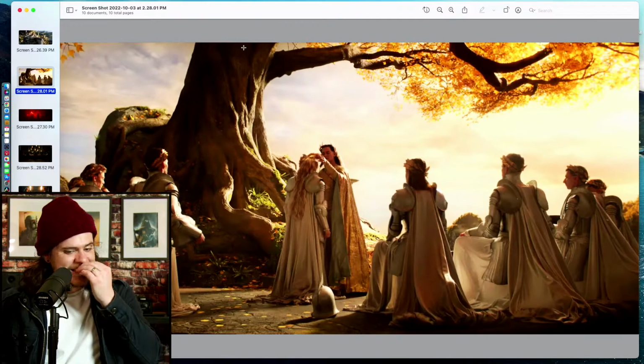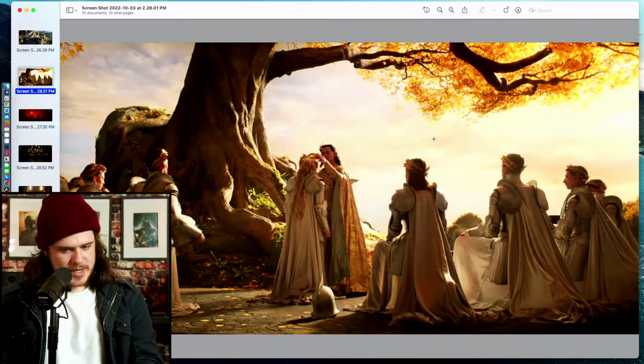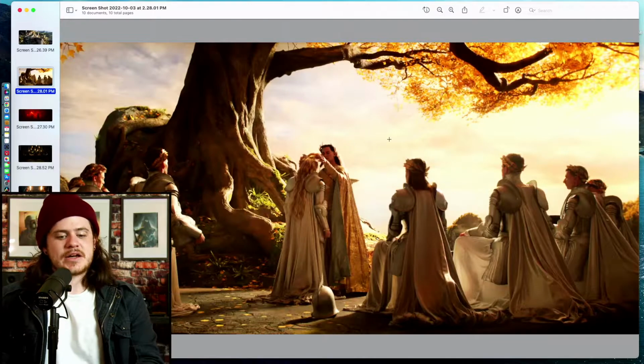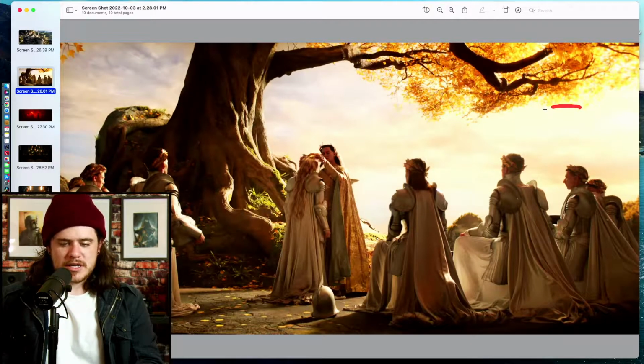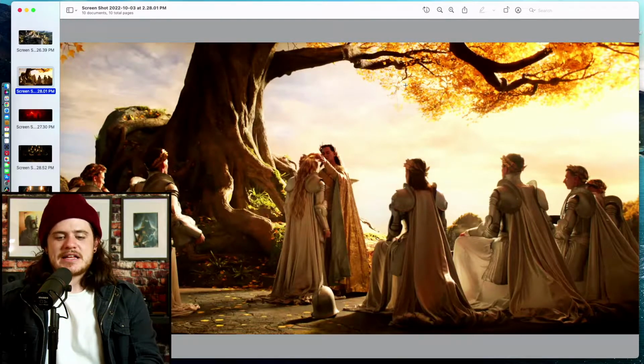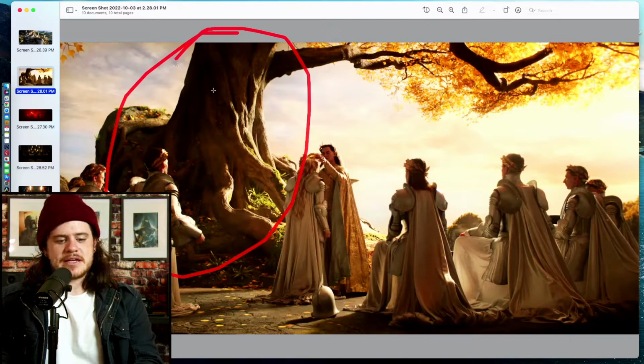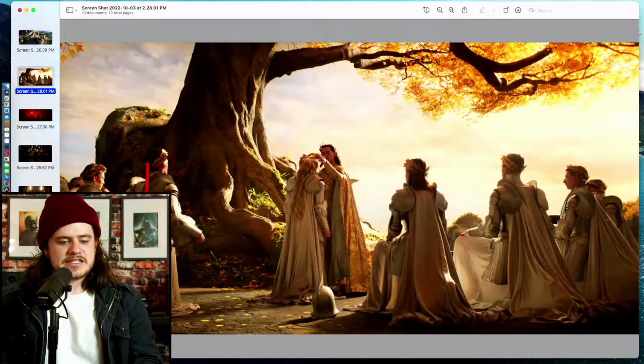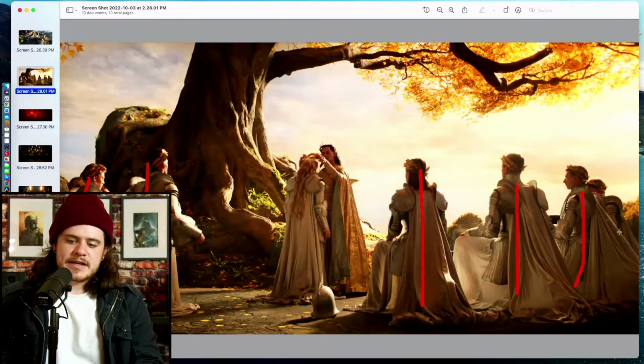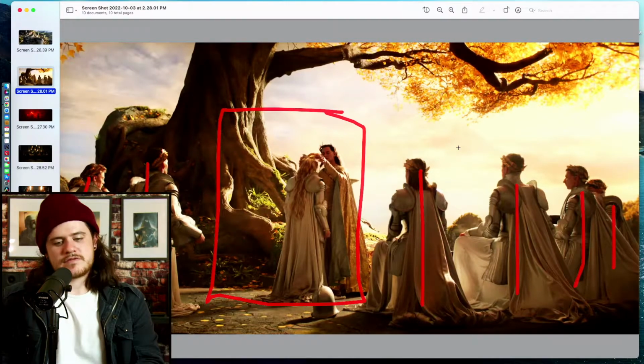The next one is this. When it comes to this, my gut says, oh, this looks nice, but if I'm being honest, I don't know where to look, because this frame feels unbalanced. You know what I mean? True. You have this huge, heavy tree right here, and then these evenly spaced elves knelt down, almost acting like pillars framing up this break in the space to say, hey, here's the focus of the frame.